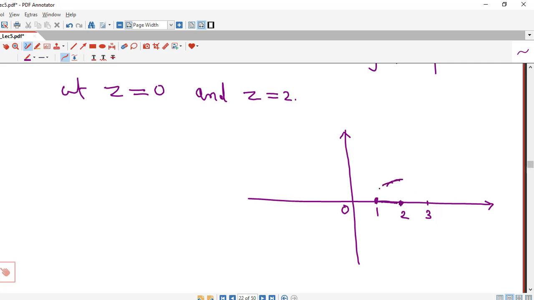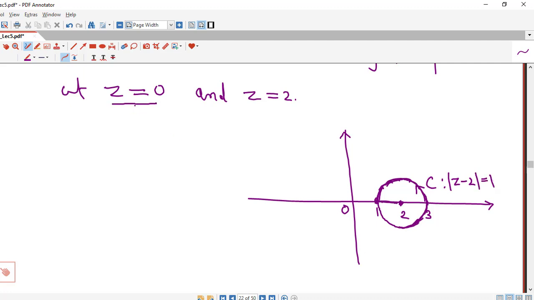So a rough sketch of the circle we can have in this way. So it approximately looks like this. This is the given contour, which is a circle with center 2 and radius 1.